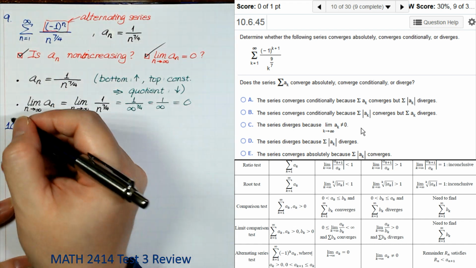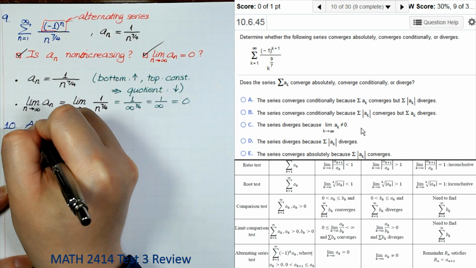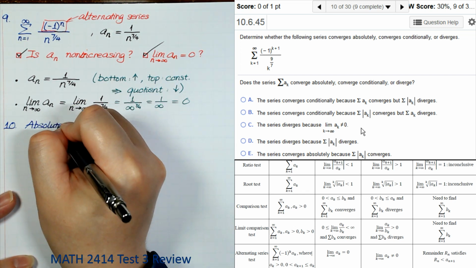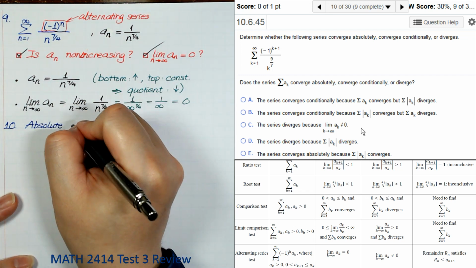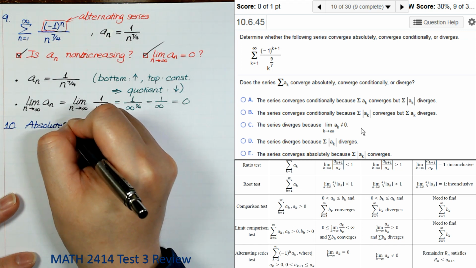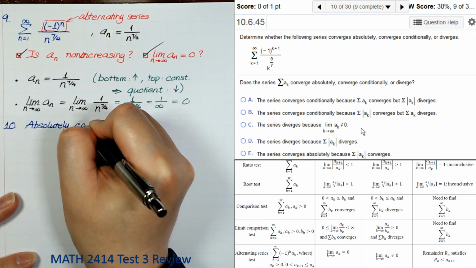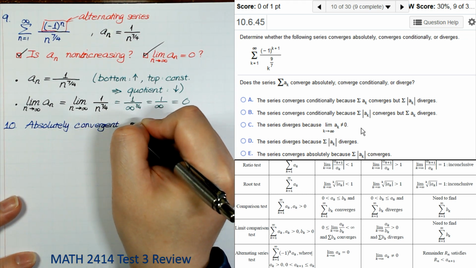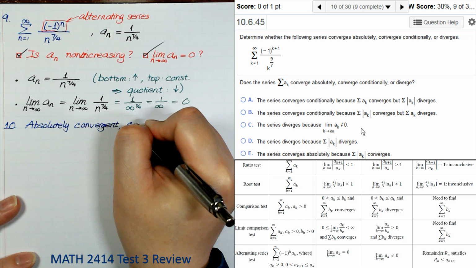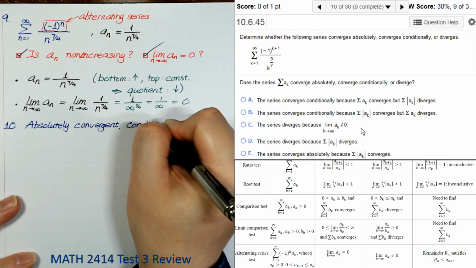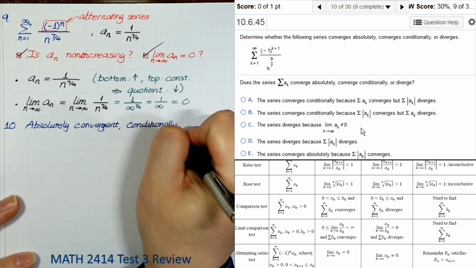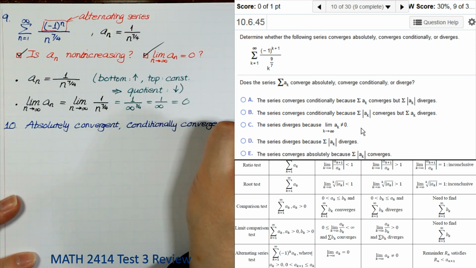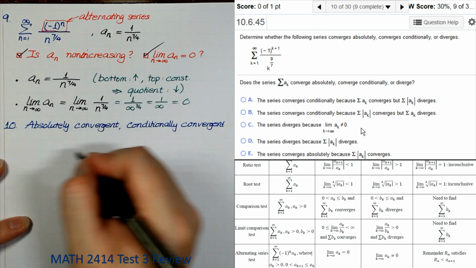So we need to check three things: absolutely convergent, conditionally convergent, or divergent.